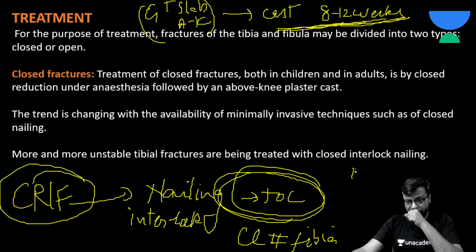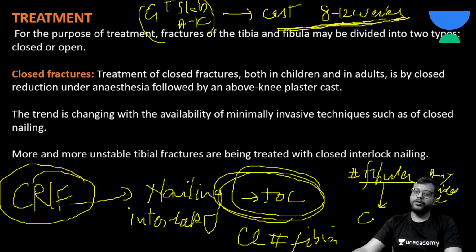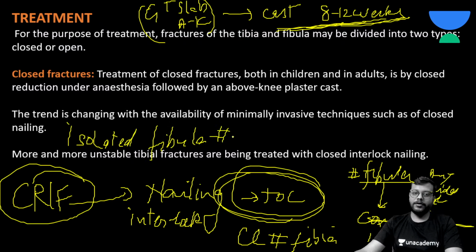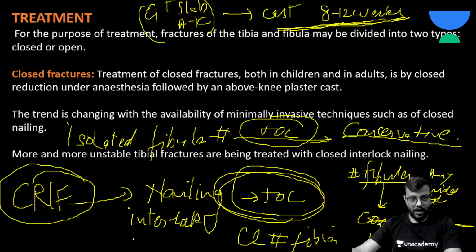If there is isolated fracture of fibula na, especially proximal fibula or the middle one third or the distal one third, you don't have to do anything. In here, conservative management is the treatment of choice. Okay, so in isolated fibula fracture the treatment of choice will be conservative management by slab and cast.